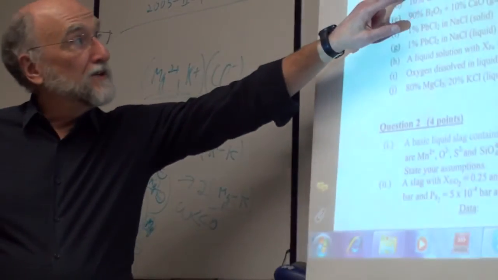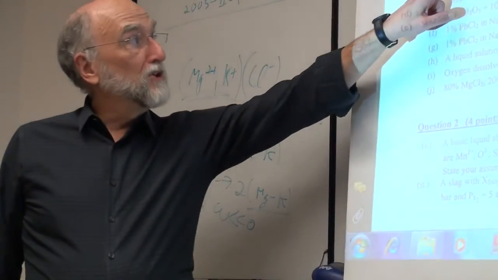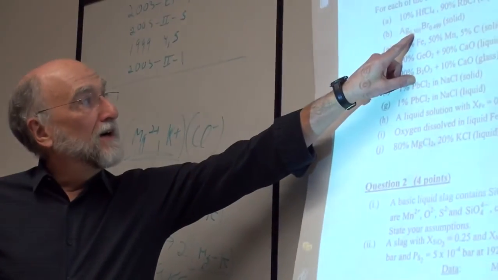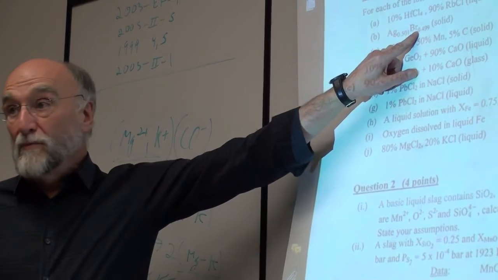Part B, silver bromide. It's silver on the silver lattice, bromine on the bromine lattice, but you have excess silver, so the excess silver would go into the interstitial. The majority defects are interstitial silver and bromine vacancies.